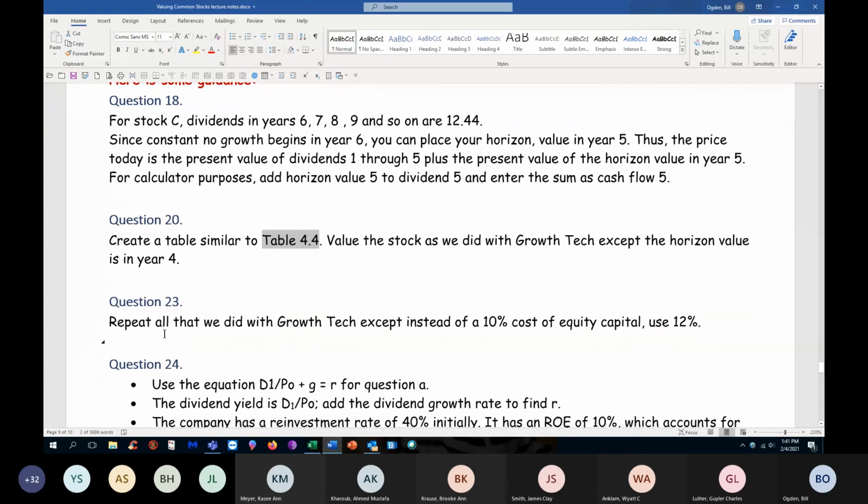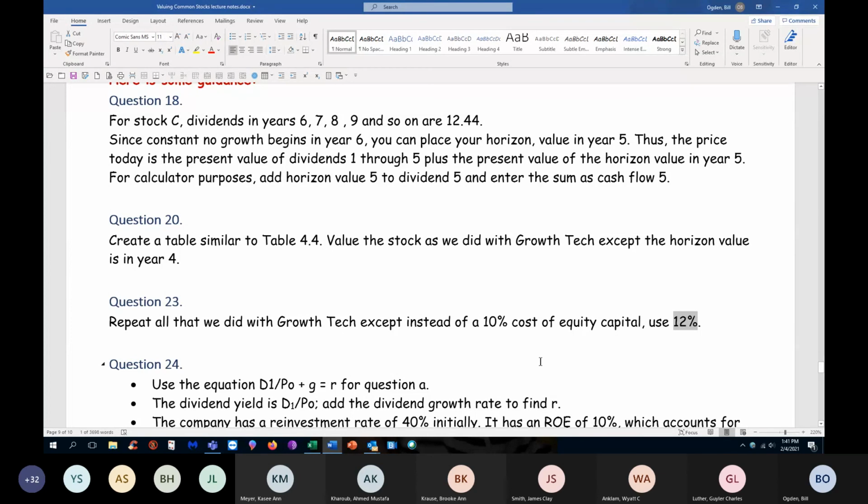Question 23. All right, now when I worked my example of growth tech for you, we used 10% cost of capital. And question 23 asked you to repeat everything that I did, except use 12% as your cost of capital.